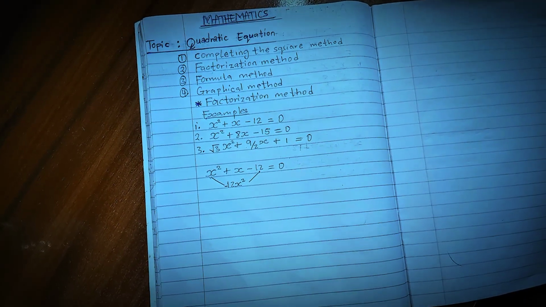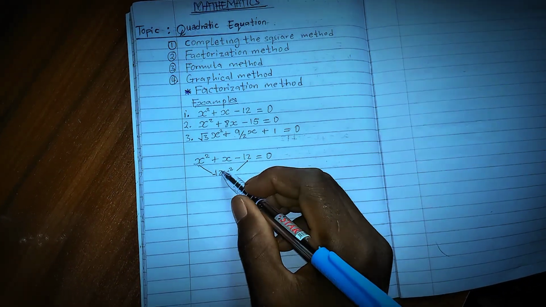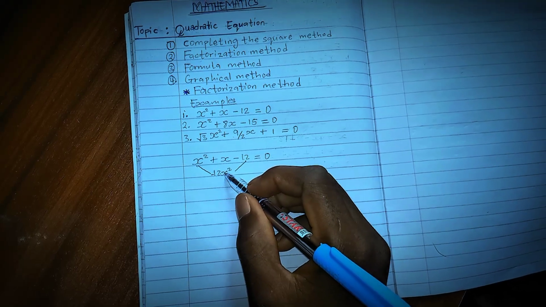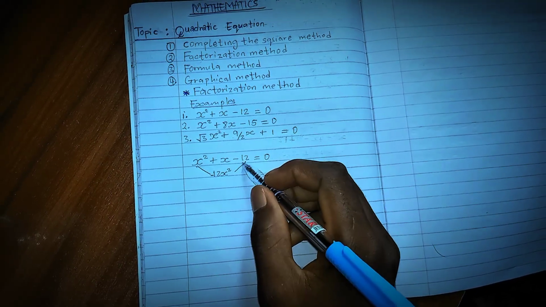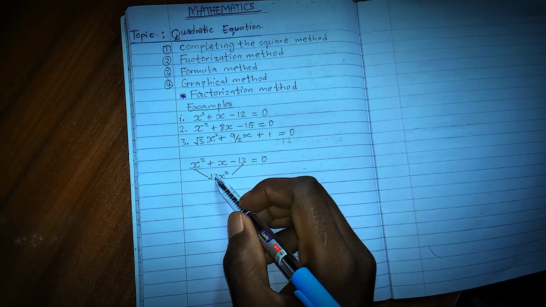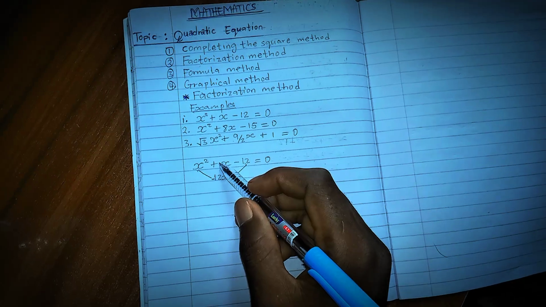So the next thing now, you look for two terms that when multiplied will give us the coefficient of the x squared that we just got by multiplying this and this, and when added will give us the coefficient of x, and we know the coefficient of x here is 1.